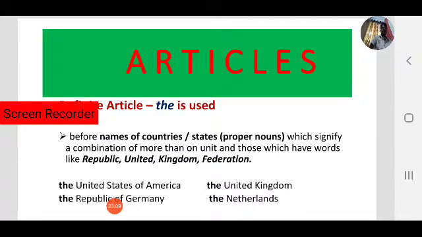The United States of America: America is a country, but it is a combination of 50 states. So we use the United States of America. The United Kingdom, UK, is a combination of 3 countries, like a federation. The United Kingdom, the Republic of Germany, the Netherlands, like that.